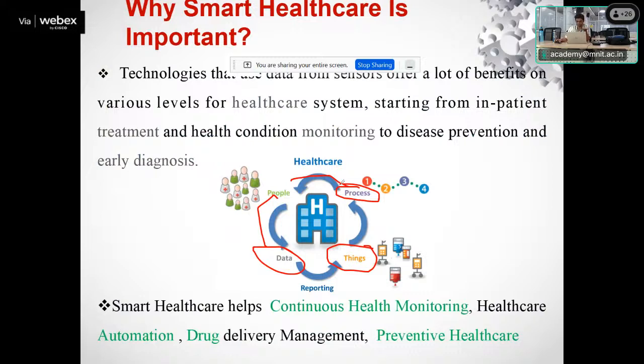So in IoT, you collect healthcare-related data from a sensor, which helps in patient treatment or health condition monitoring. The ultimate objective is disease prevention and early diagnosis, so that my recovery period can start as early as possible.